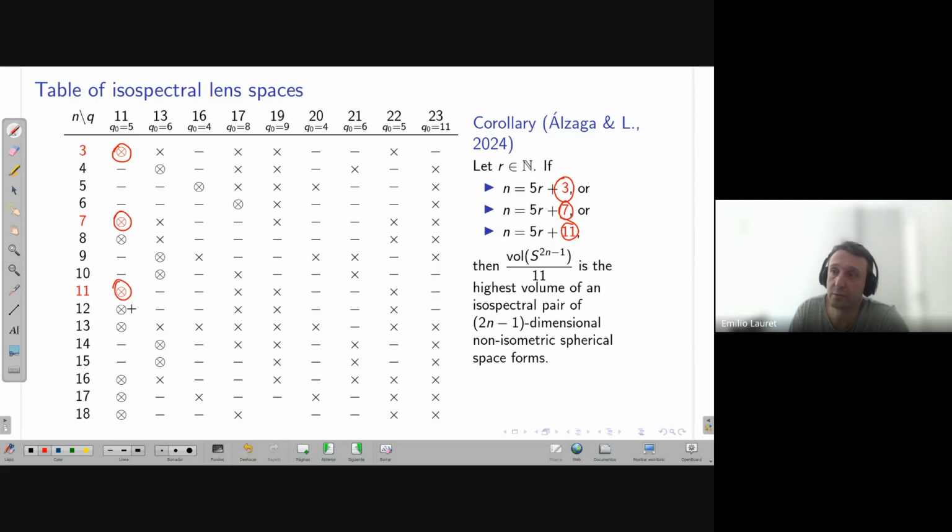For instance, this, you have 12, and you can prove then that in any of these dimensions, the volume will be exactly this one. Okay, the smallest isospectral spherical space form, right? The number of elements must be 11, the smallest possible, in order to have isospectrality in this dimension.